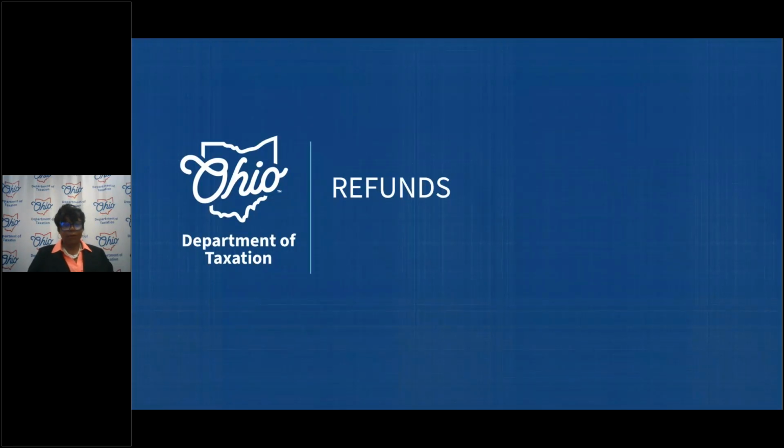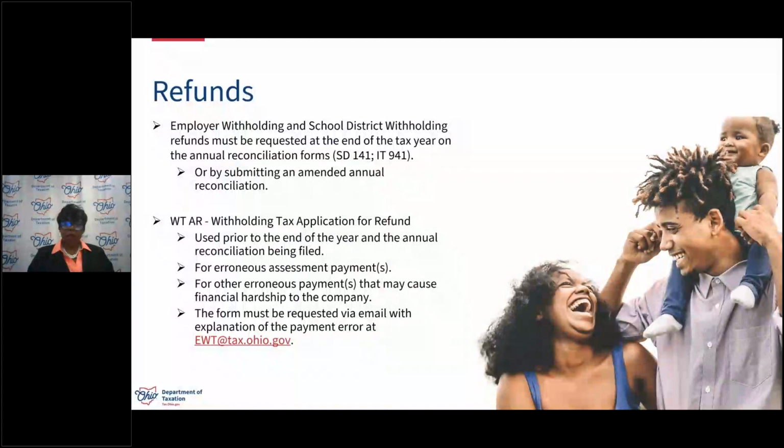And okay, refunds, everyone's favorite. How do we get the overpayment back? Every employer and school district withholding employee who has a withholding or school district withholding refund must request it at the end of the tax year on the annual reconciliation forms, SD 141 and 941, or by submitting an amended annual reconciliation.